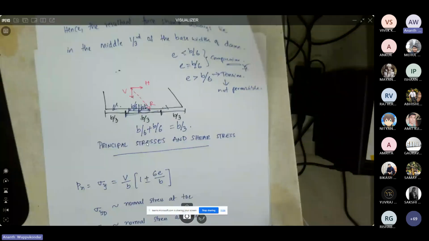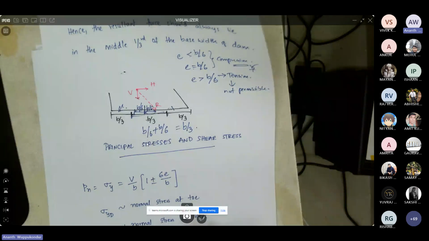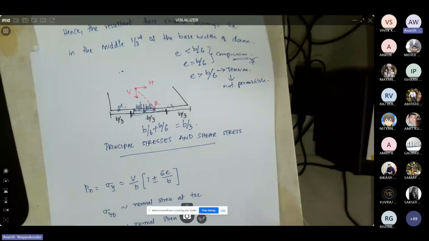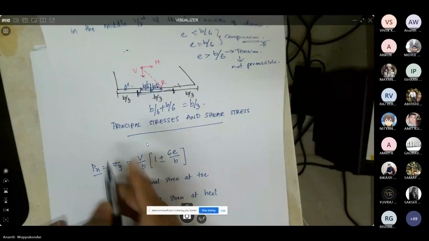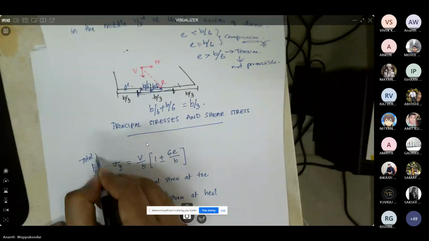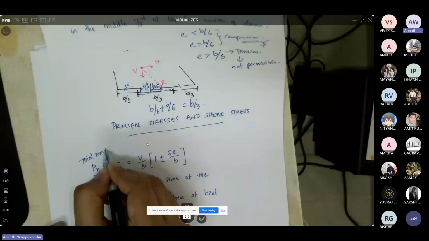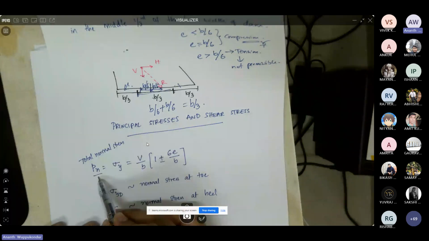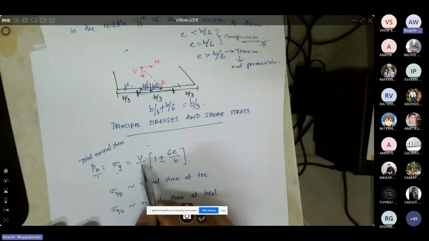And then what we are going to look at is the principal stresses and the shear stress in the dam. So Pn is the total normal stress. I'm just notating the same normal stress as sigma y, which is V by B, 1 plus or minus 6e by B. This we have derived earlier.